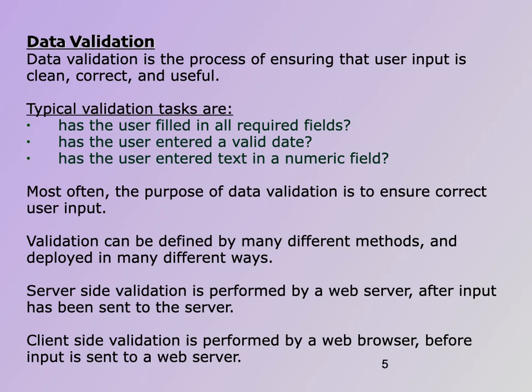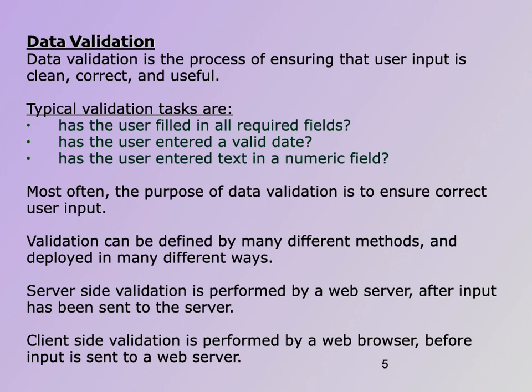So for example, suppose a particular server needs to contact the client by sending a message or by calling his phone number or her phone number, then it will not proceed further because of the error in data. So data validation is the process of ensuring that user input is clean, correct and useful. There are typical validation tasks: has the user filled in all required fields or not?